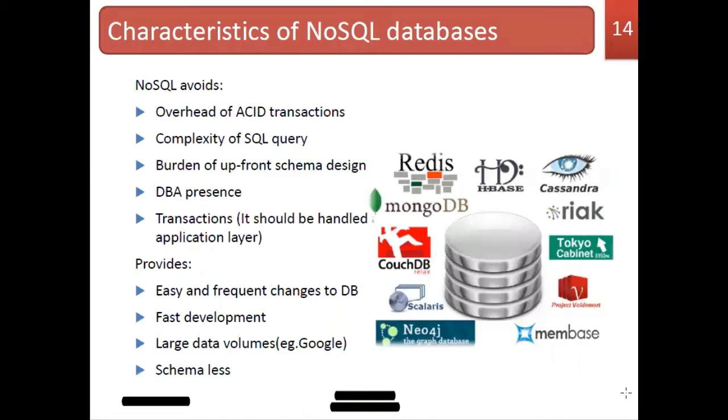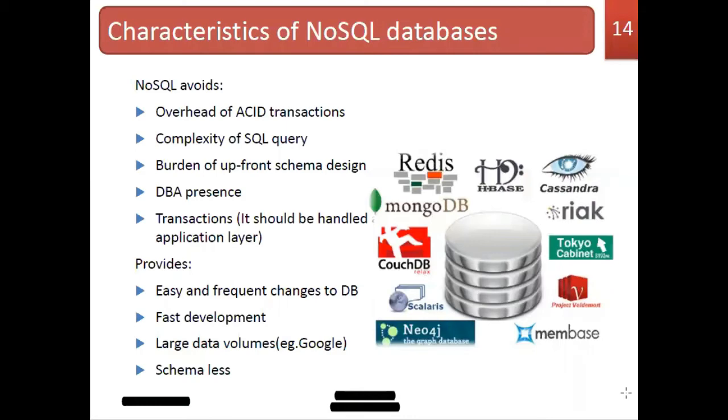So what are the basic characteristics of NoSQL databases? They provide certain features and do not allow certain others. Since we are not using proper ACID properties in NoSQL, the overhead of ACID transactions can be avoided.